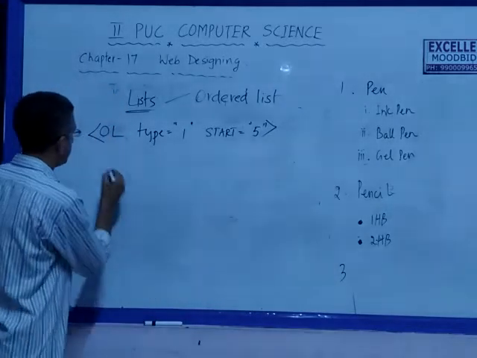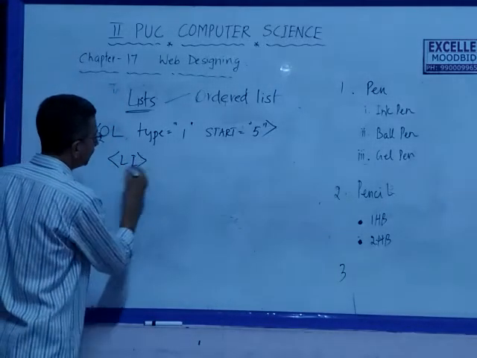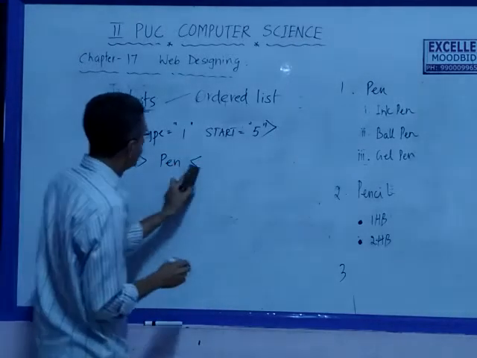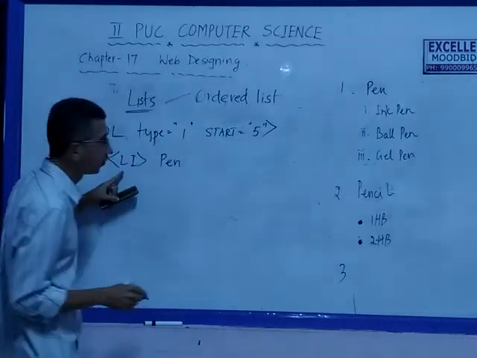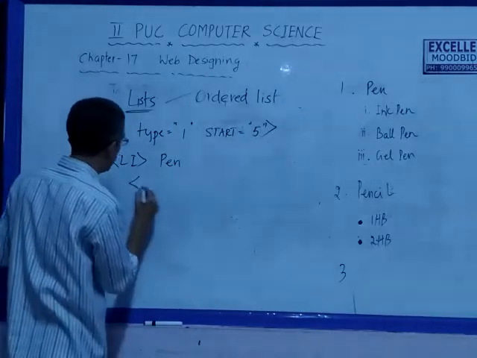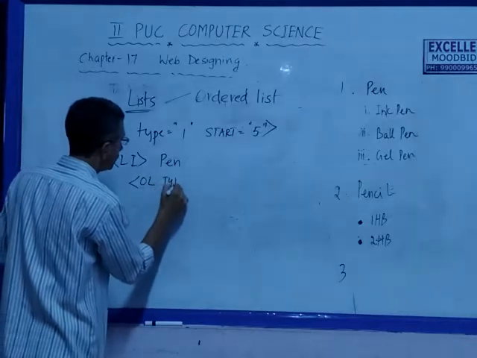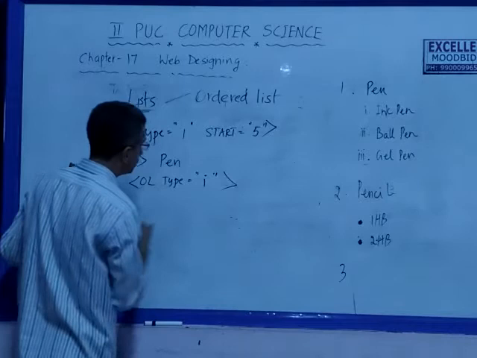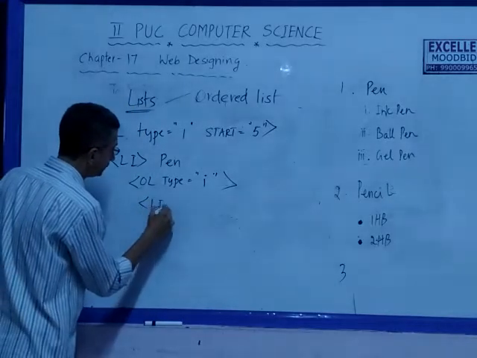So the first item you write, li should be there. It is pen. Right. Here, before closing this li, you should have once again an ordered list. OL type is equal to this one.